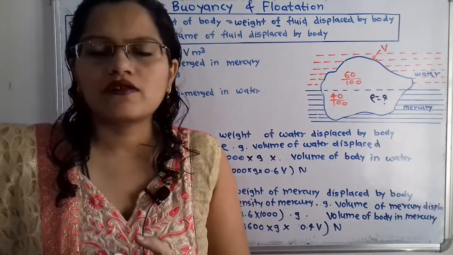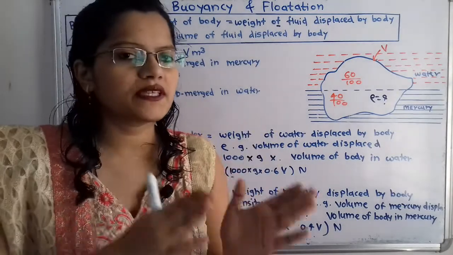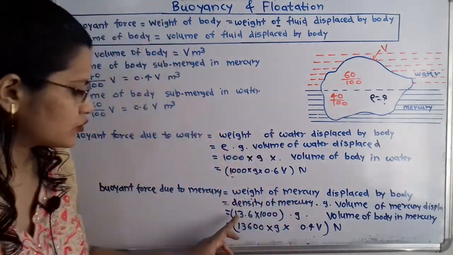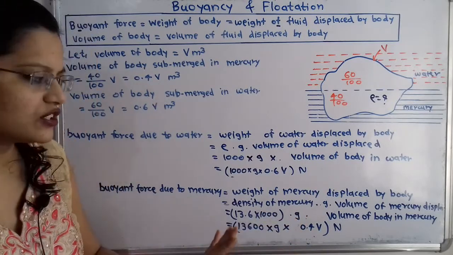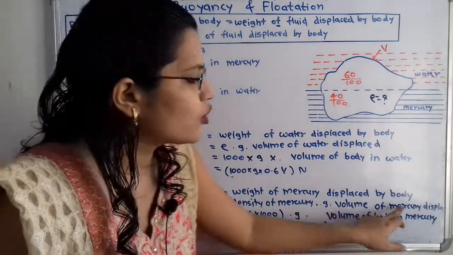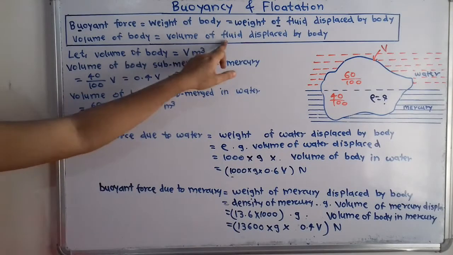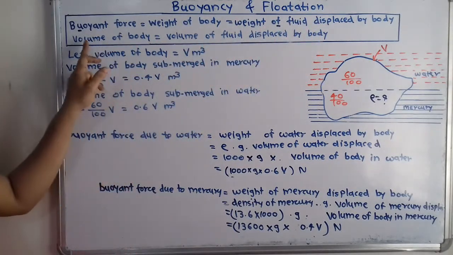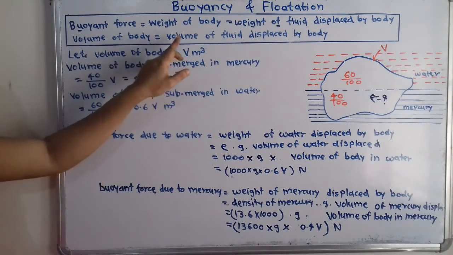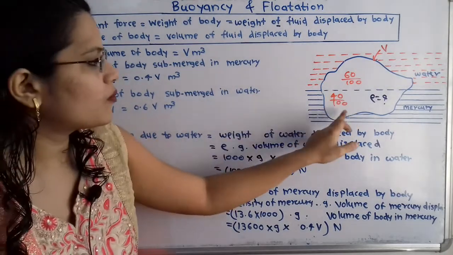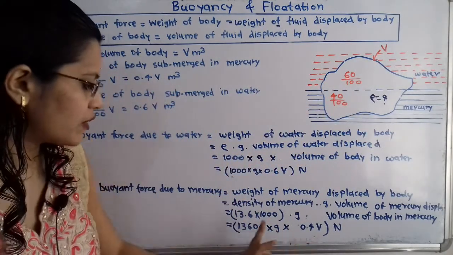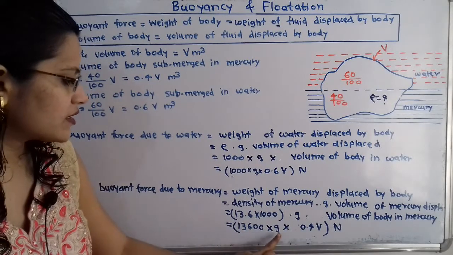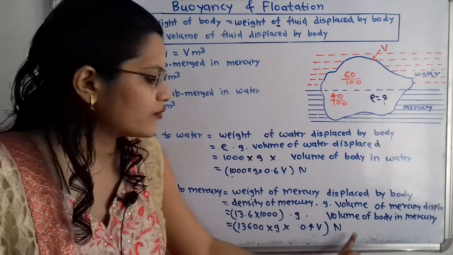To convert it into density, multiply the specific gravity by 1000. So 13.6 into 1000 into g. We use g as it is, and the volume of mercury displaced by the body is equal to the volume of body in mercury. What is the volume of body in mercury? That is 0.4 V. So we put the value: 13,600 into g into 0.4 V Newton.